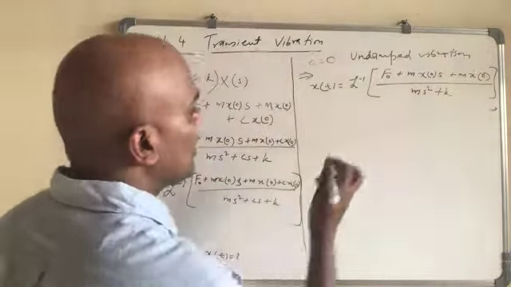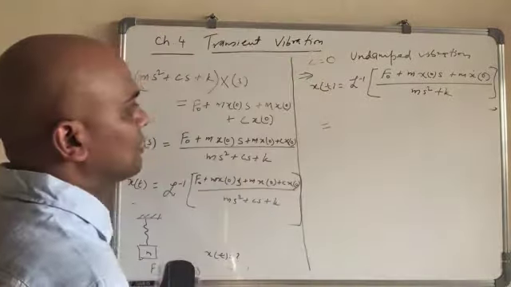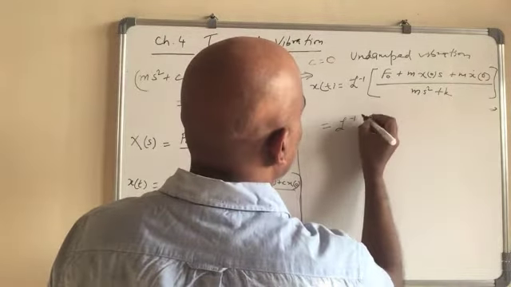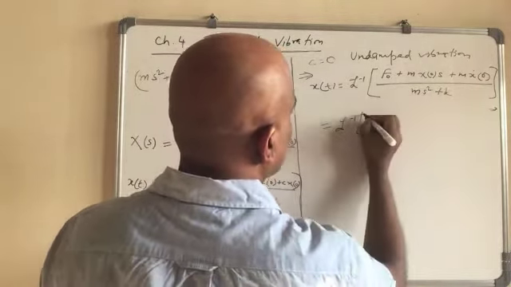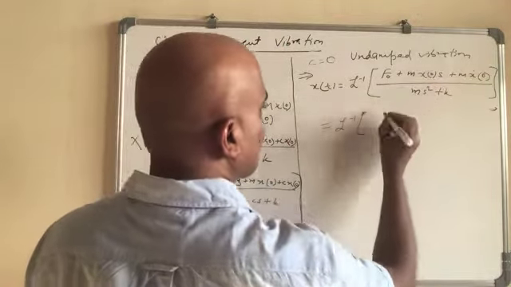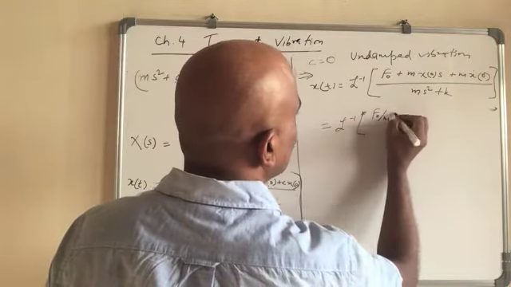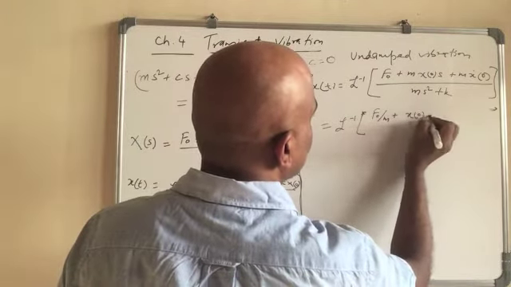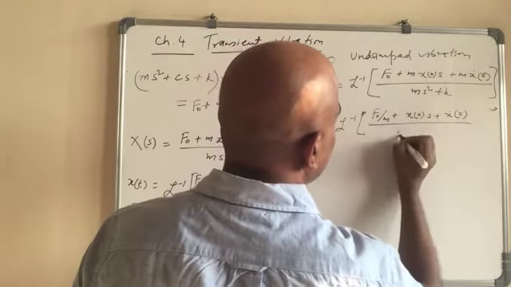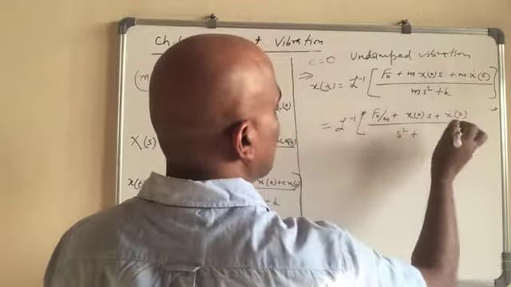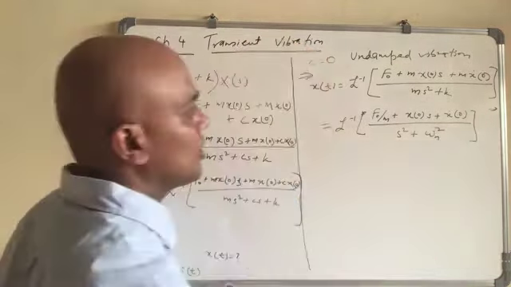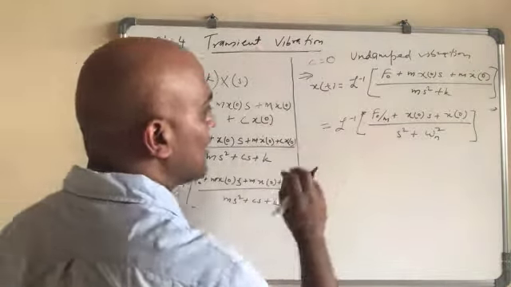Here m is common on both sides, so we can just write F naught over m plus x naught s plus x dot 0, divided by s squared plus k over m, which we know is omega n squared.